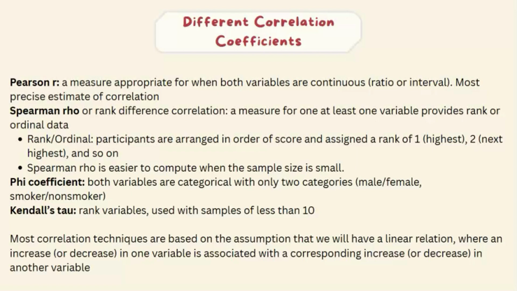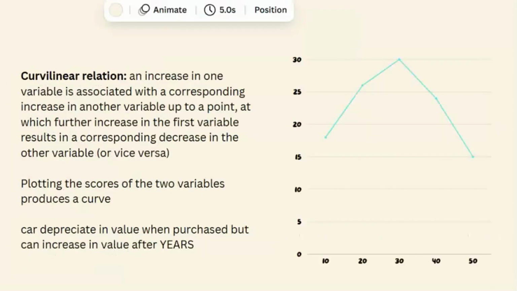The Pearson R, the R we were just talking about, is appropriate for continuous data. We have Spearman rho, for rank or ordinal data, and then a few others. Mostly, these tell us we have a linear, or straight line, relationship.